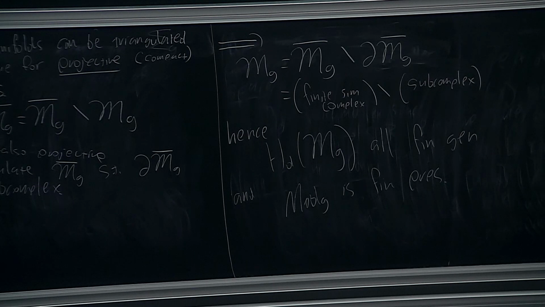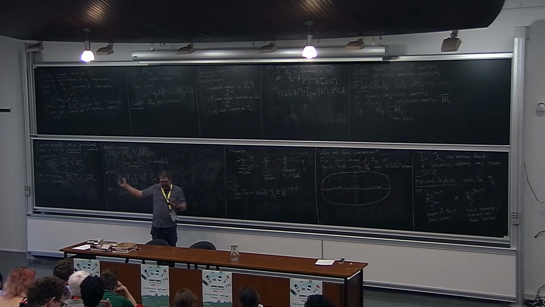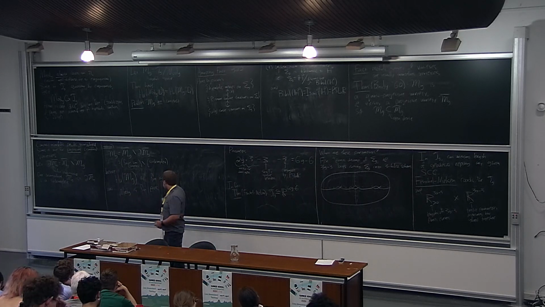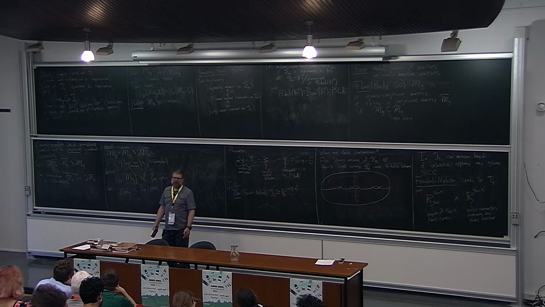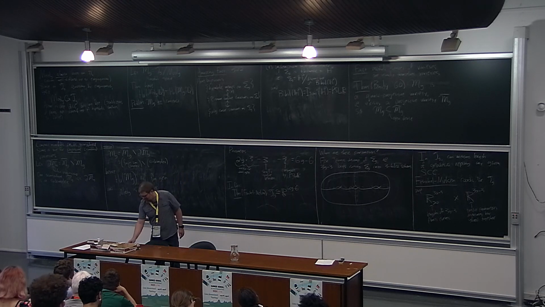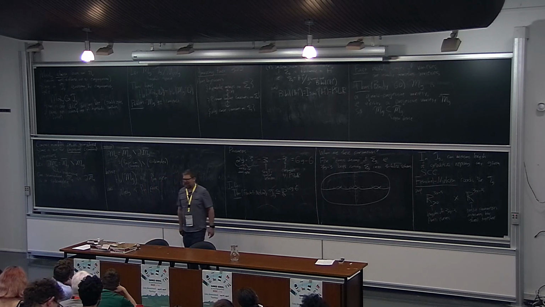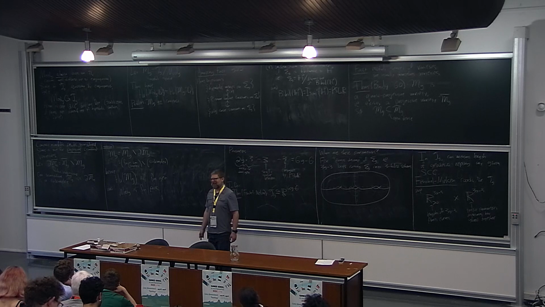If I allowed myself to work in the category of stacks, I could literally say that it is the fundamental group of this very finite object, but that's not quite true. Still, it's very easy to derive that the mapping class group is finitely presented from that statement. And so the upshot is that because of algebraic geometry, we know the mapping class group has every possible finiteness property we might hope it could have. And that's where I want to stop today. Thank you.